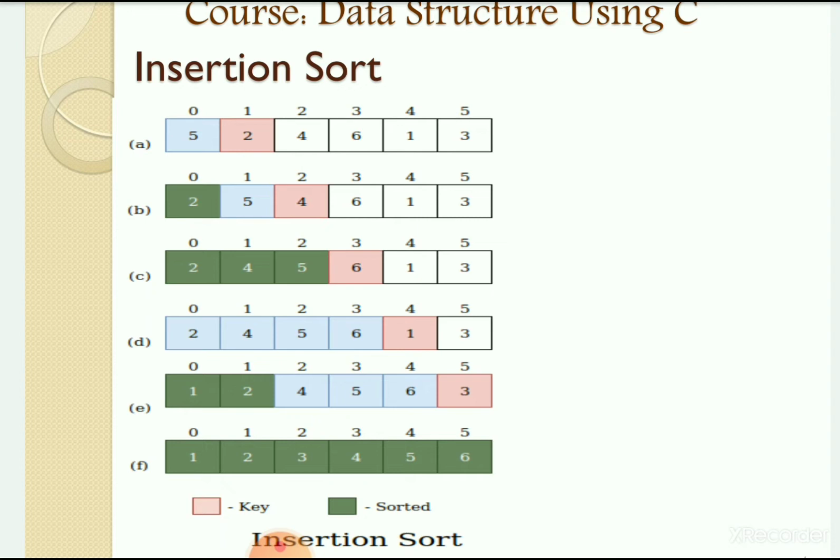We have to shift the elements one position to the right, and then insert the new element. So the second number 2 is inserted at the 0th position, and the 5 is shifted to the first position.